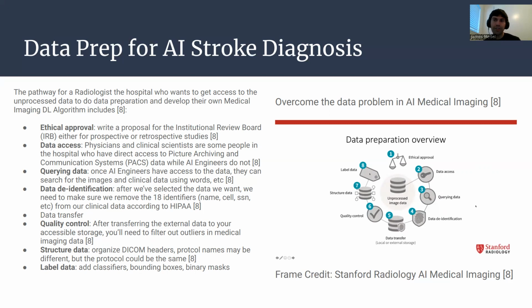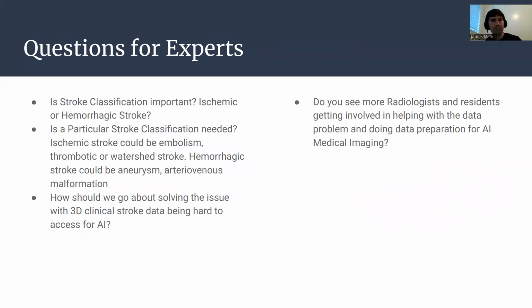Then have a few radiologists double check those annotations that the community made. That would be very helpful. And these are just some of the data preparation steps to overcome this medical imaging data problem, so we can get a smoother transition to the AI development.